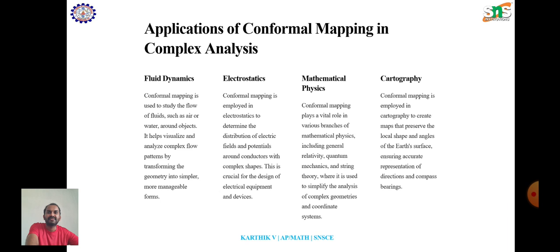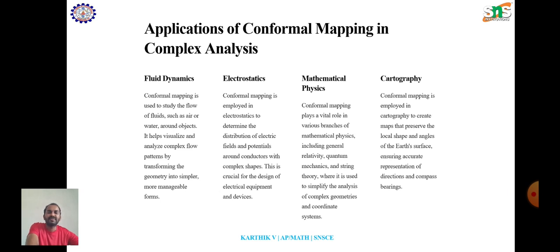Mapping complex geometries. Conformal mappings can be used to map complex geometries such as polygons, circles, and regions with irregular boundaries. Fluid dynamics. Conformal mapping is widely used in fluid dynamics to study the flow of fluids around obstacles or through irregular channels.